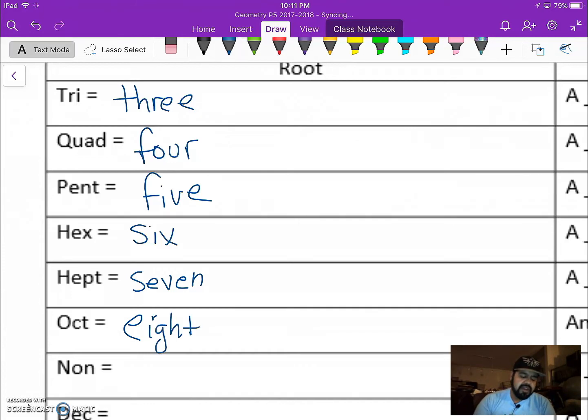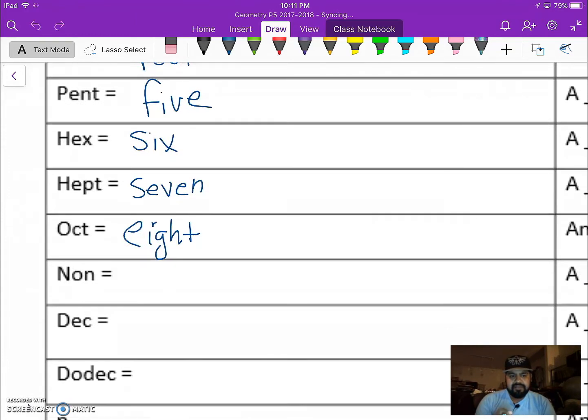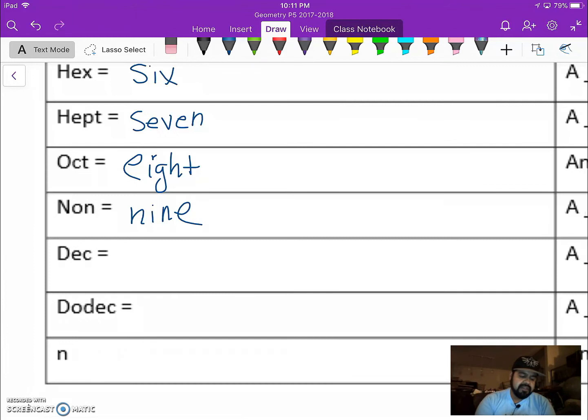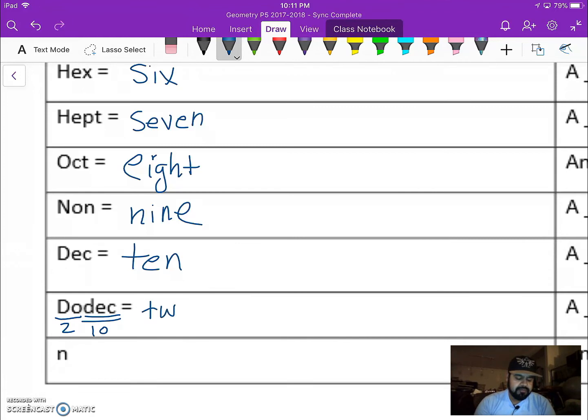Non doesn't mean no, like it does in the Latin prefix. Non, as a number prefix, means 9. And then dec, like in the word decimal, means 10, base 10. Now I'm skipping 11 because 11 doesn't work out nicely with numbers. But when you see dodec, do means 2, dec means 10, so you would do 2 plus 10, which means 12.